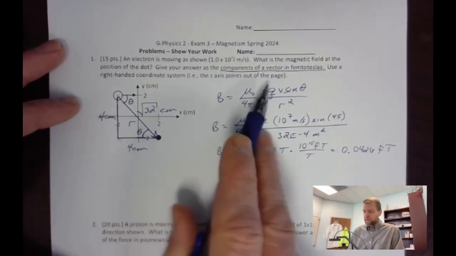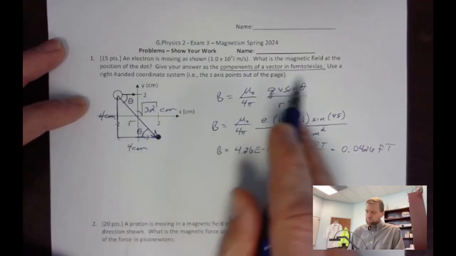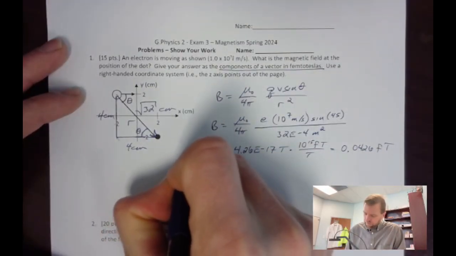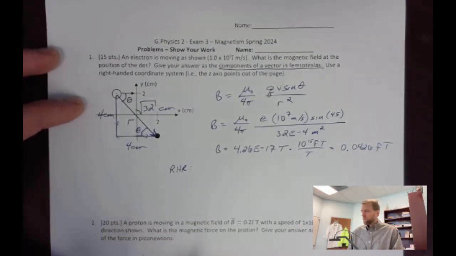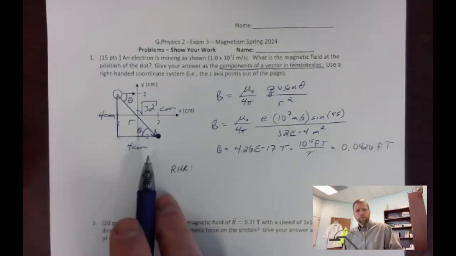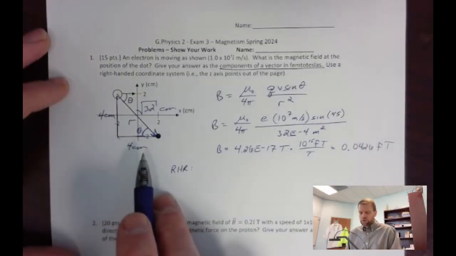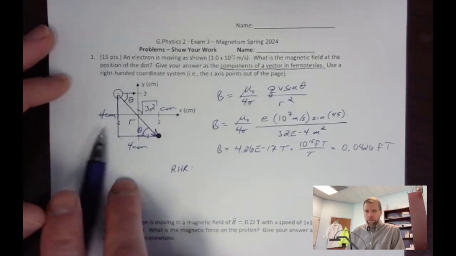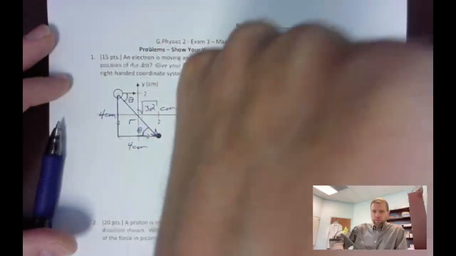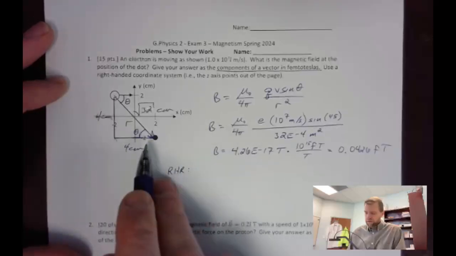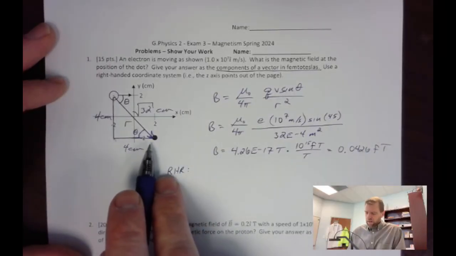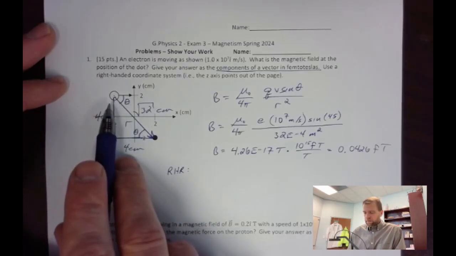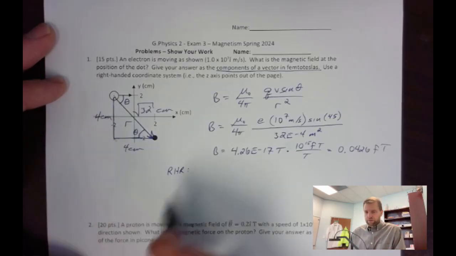So let's apply the right-hand rule and figure out what the direction is. According to the right-hand rule, we want v cross r. So v is pointing in this direction, cross r. If we apply our right-hand rule, it would be pointing into the board, or into the page. But this is an electron, and because it's an electron, we have to reverse the direction.